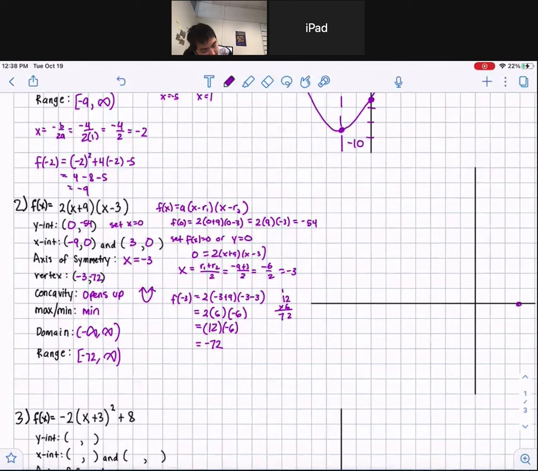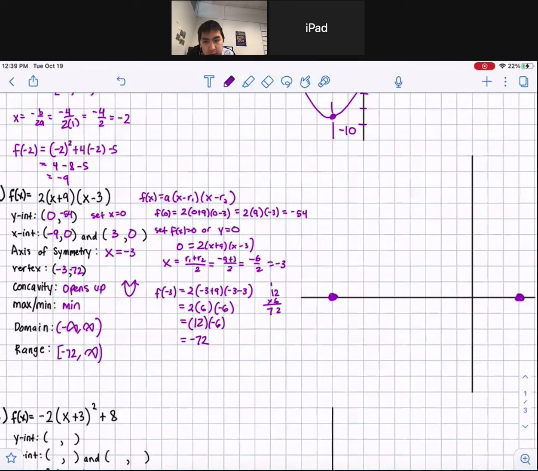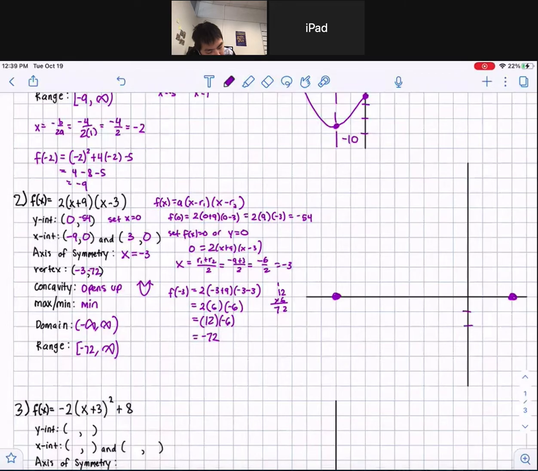Now let's graph. (3, 0). X-intercepts are on the x-axis. 1, 2, 3, 4, 5, 6, 7, 8. Negative 9. Y-intercept is (0, -54), and your vertex is (-3, -72). So I'll just do these by negative 20. Those are all going down by 20.